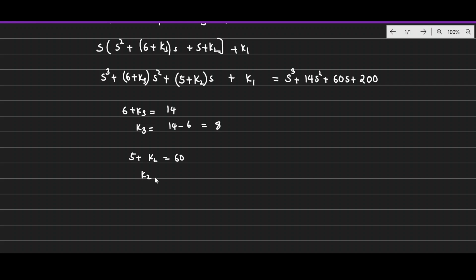So our k2 is equal to 60 minus 5, so our k2 is equal to 55. And then our k1, sorry, our k1 will be equal to 200, isn't it? Just direct comparison there. K1 is equal to 200. So these are the values of the k's. So the matrix k can be written as 200, 55, and 8.